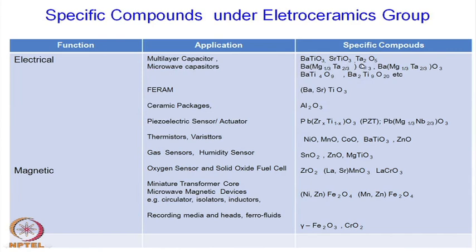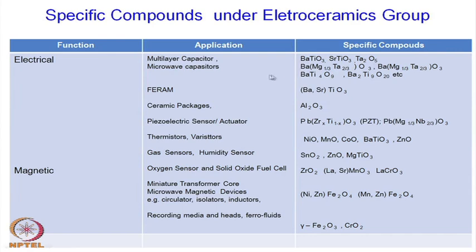A similar material is also strontium titanate. Barium is replaced by strontium, and therefore you get another compound, strontium titanate. So, these are two mixed oxides, while a simple oxide like tantalum oxide also can be used as a capacitor material because of its high dielectric constant.